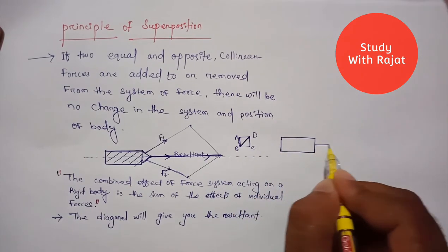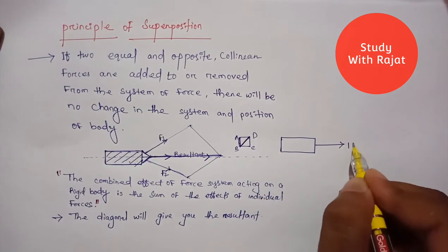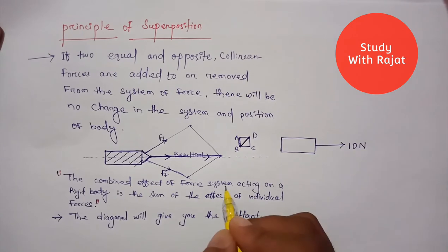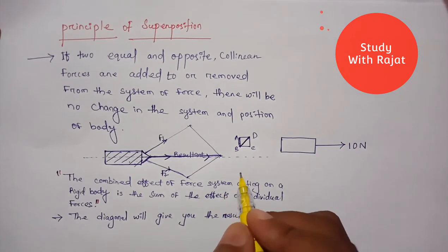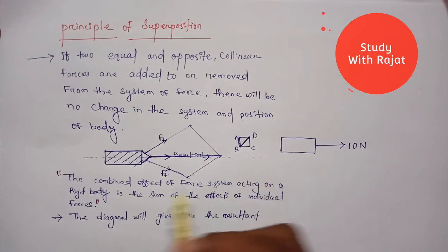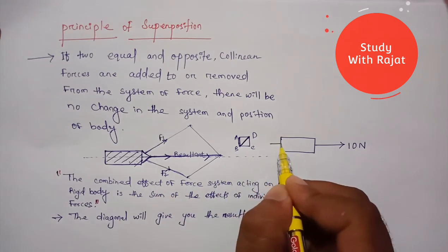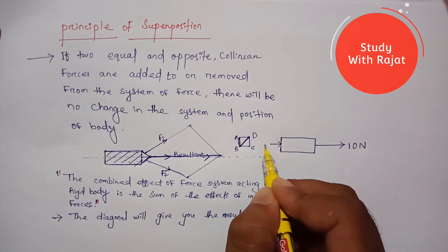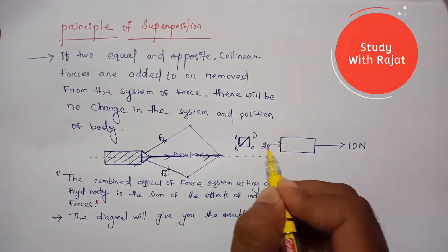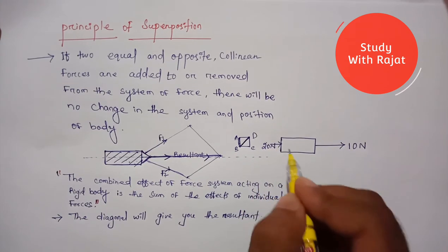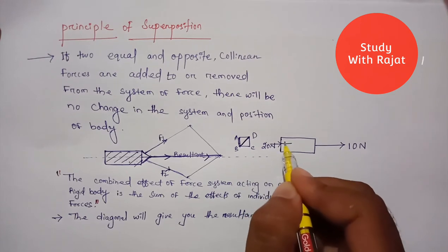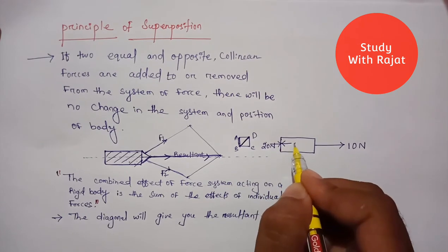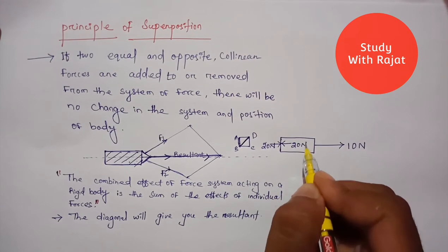So here you can see a body is moving with 10 Newton force. Now we will apply equal and opposite collinear forces. Here I will give a 20 Newton force, and in the opposite direction also I will give a 20 Newton force.